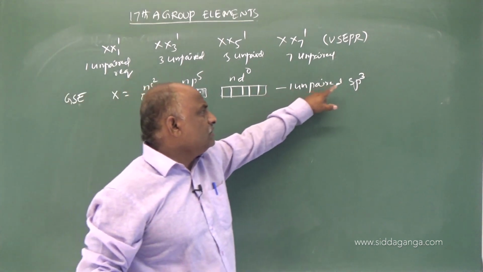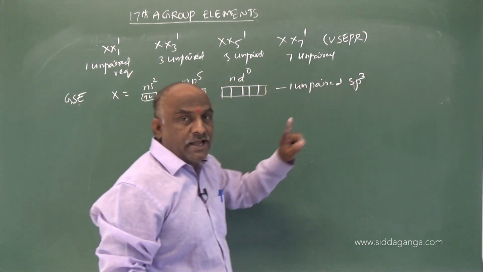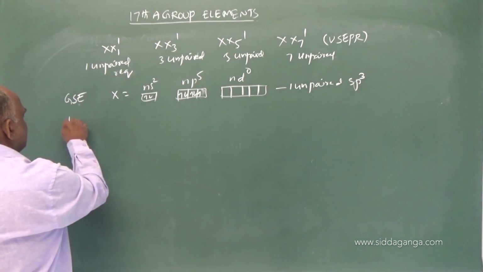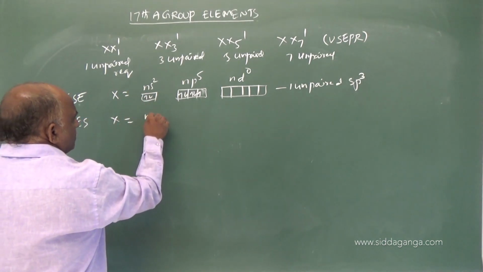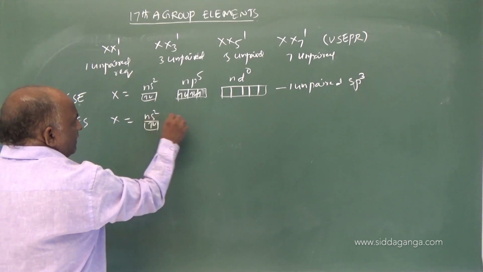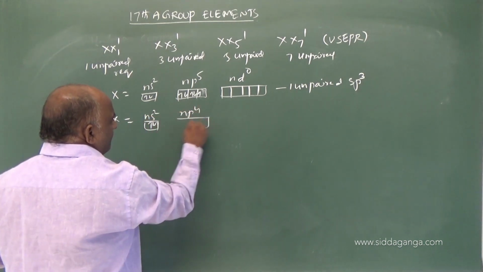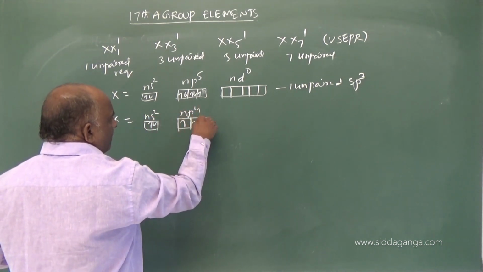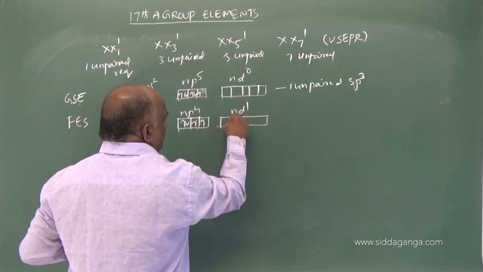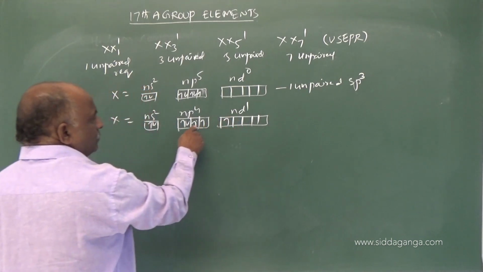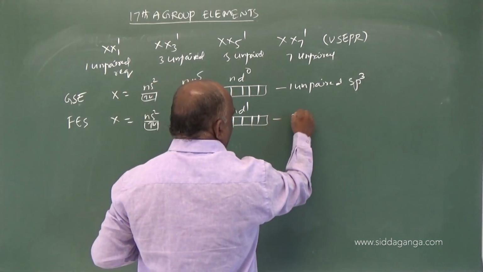So 1 unpaired electron undergoes which hybridization? sp3 hybridization. While coming to the first excited state configuration of X, it is ns2 np4 nd1. So here 1, 2, 3 unpaired electrons, 3 unpaired.